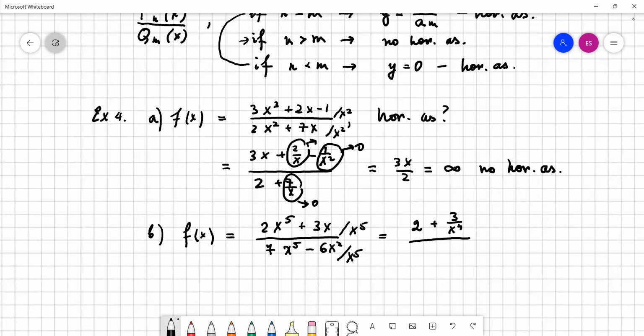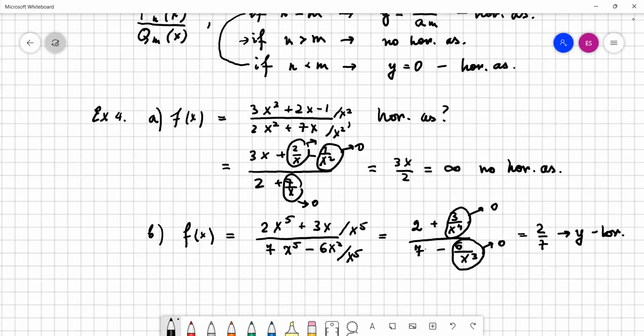Because that was x, and you divide by x to the power of 5. 7 minus 6 over x cubed. This will go to 0 because of infinity in the denominator. This will go to 0, and we are going to have 2 over 7.